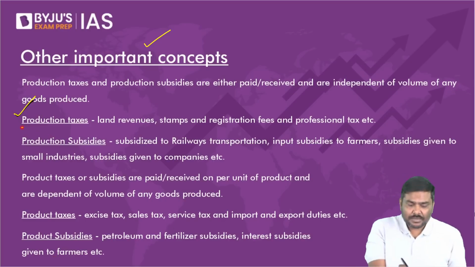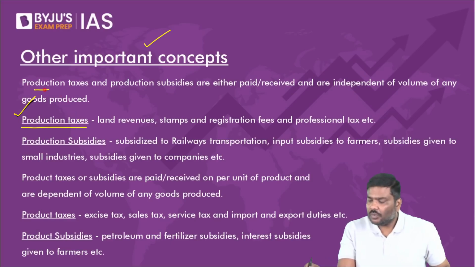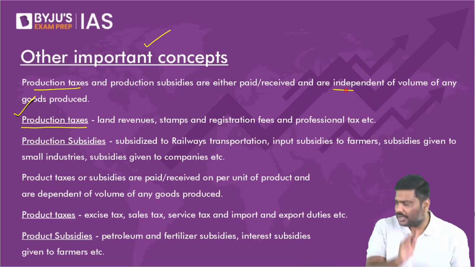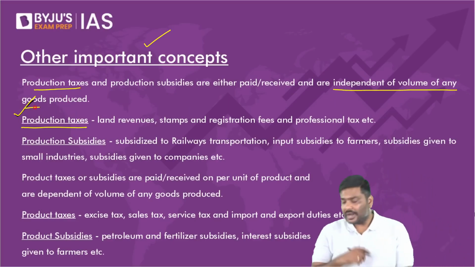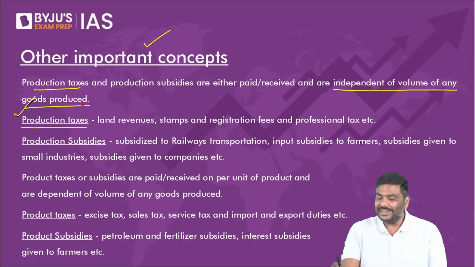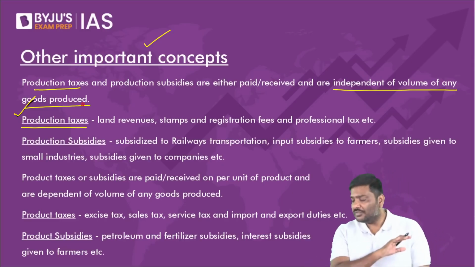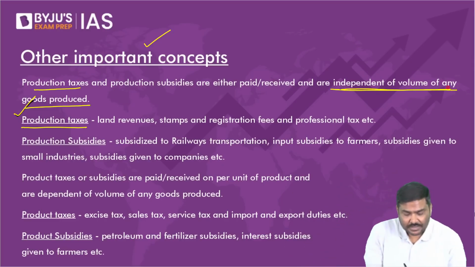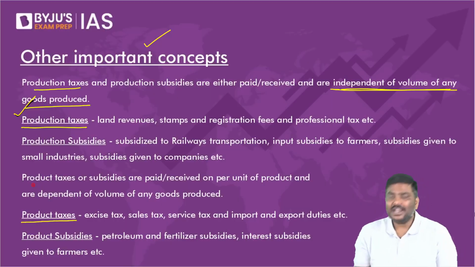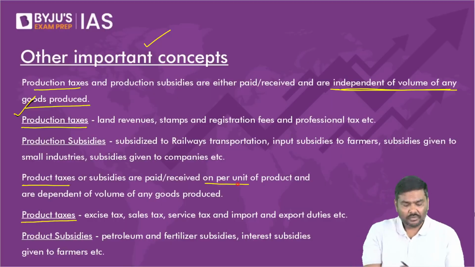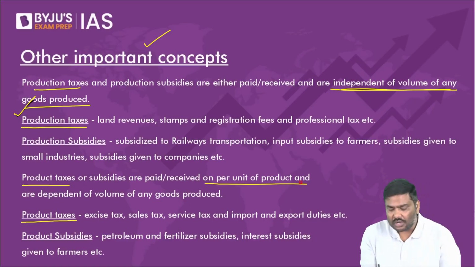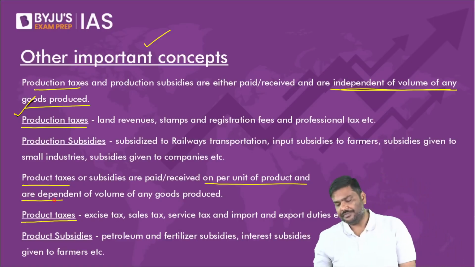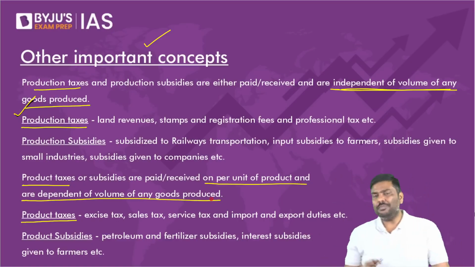And please remember this, production taxes are independent of the volume of goods produced. And product taxes are imposed and collected per unit, which means these are dependent on the volume of goods produced. Any difficulty now? Please do let me know.